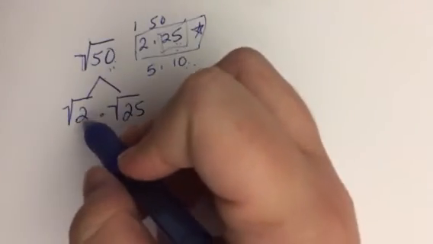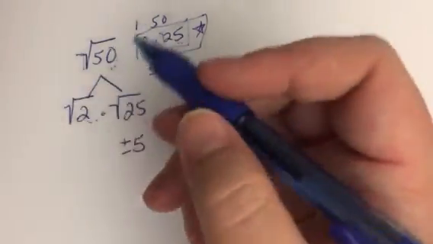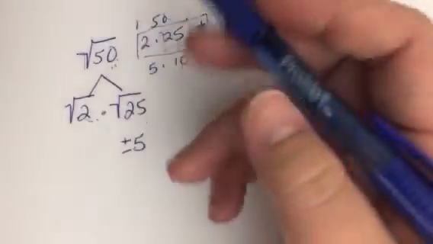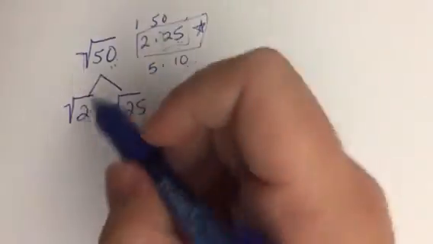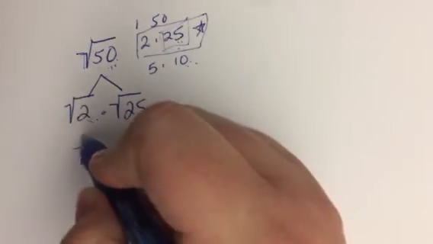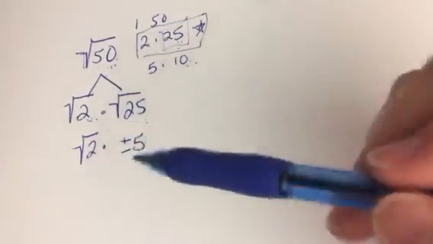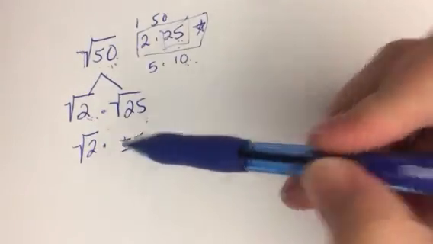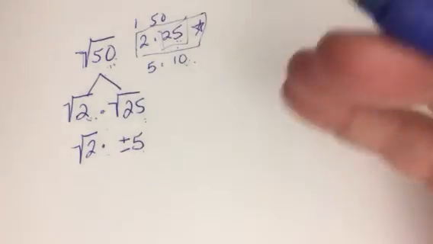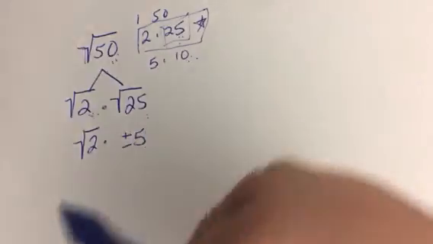All right, now the square root of 2. I don't know what the square root of 2 is right off the top of my head. It's a decimal number, and it's kind of complicated. So I want to leave this as the square root of 2. So what I have is the square root of 2 times plus or minus 5. Now when we write out a radical that's been simplified, we always want to put the integer number in front.